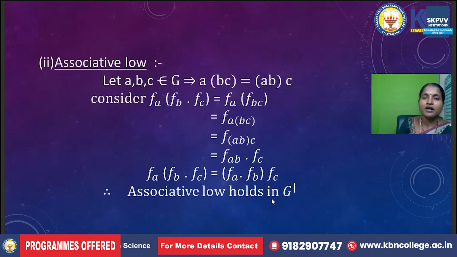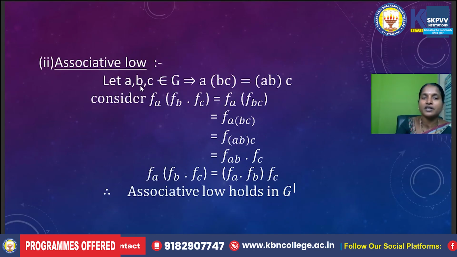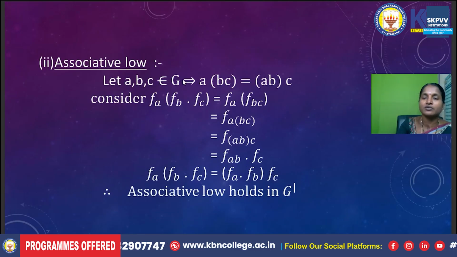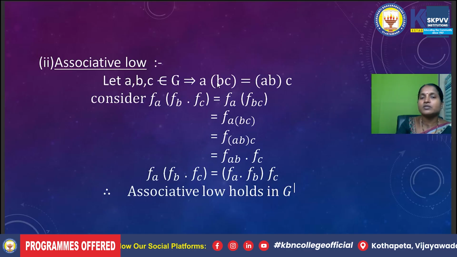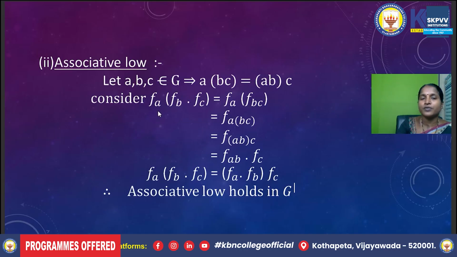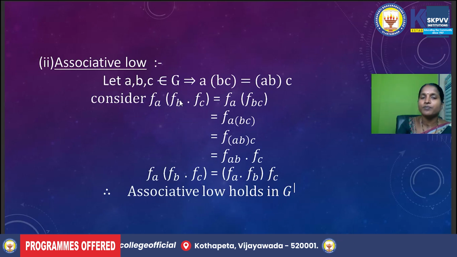Okay, next let's go to associative. Associative law means we know the property A, B, C belongs to G implies AB into C equals A into BC. So in this property we take three elements FA, FB, FC. First, FA into FB into FC.